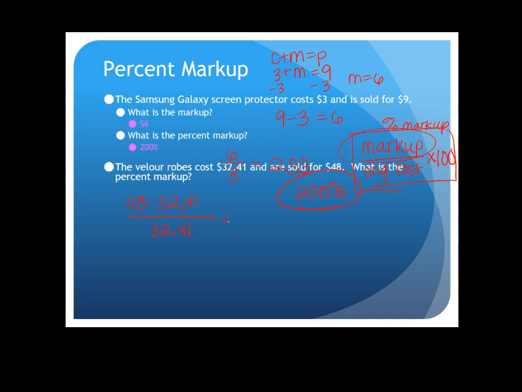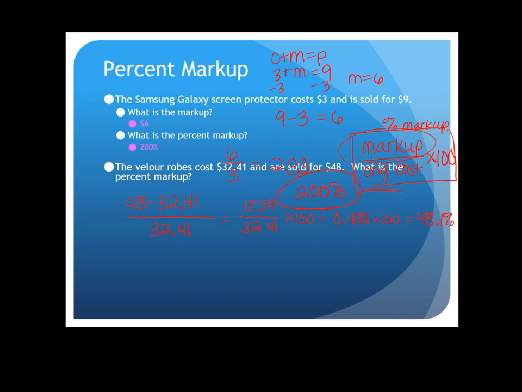Okay, so if I subtract those 2, that's $15.59 divided by $32.41, and then I'll multiply that by 100. So I get 0.481, and then that times 100, or move the decimal over twice, and you get 48.1%.